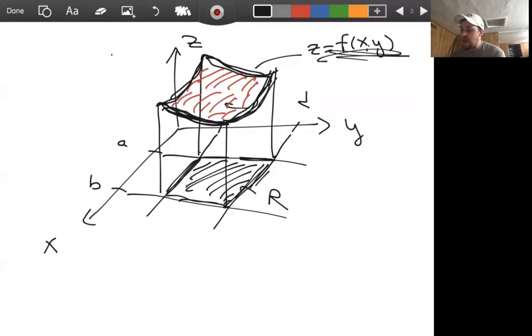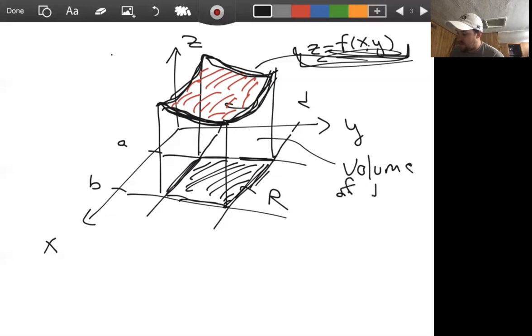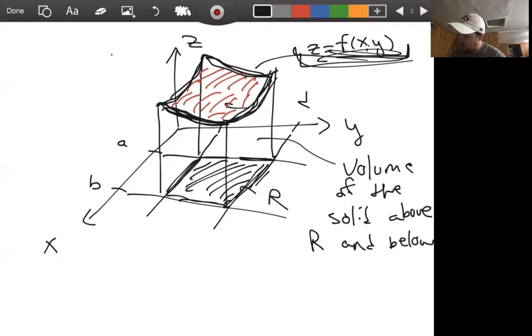And so what a double integral of this function will give us is the volume of the solid above R and below z equals f of x, y.